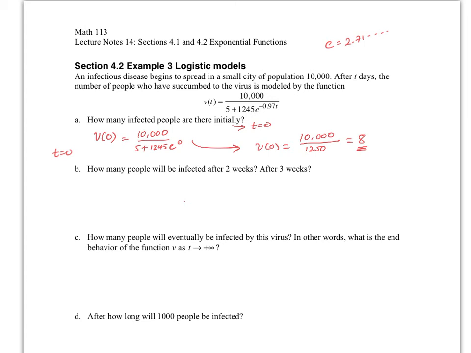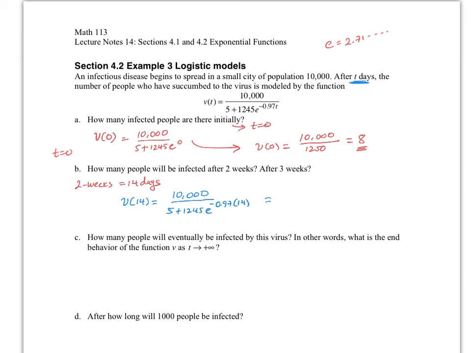Part B says how many people will be infected after 2 weeks. Well, 2 weeks in terms of days is equal to 14 days, because remember here t is given in days. So therefore you need to find b of 14. And this will be 10,000 divided by 5 plus 1245 e to the minus 0.97 times 14.